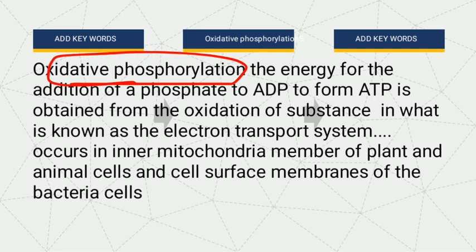It is the type of phosphorylation that we are going to concentrate on in this topic, and this is known as electron transport. Oxidative phosphorylation occurs in the inner membrane of the what? Of mitochondria in plant and animal cells, whereas in bacterial cells it occurs on the surface membrane.